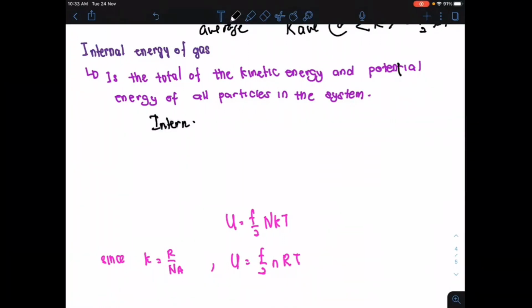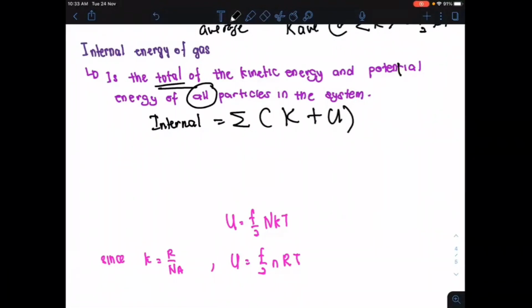Dia kata total, maksudnya summation of kinetic energy dengan potential energy. Kamu kena tambah semua kinetic energy dan juga potential energy of all particles in the system. Dia tak guna perkataan per molecule. Maksudnya dia bukan nak cakap pasal satu biji, dia nak cakap pasal semua molecules yang wujud di dalam sistem itu.